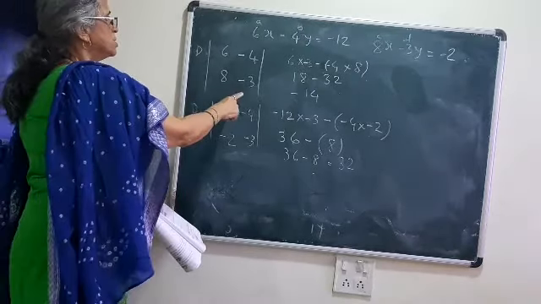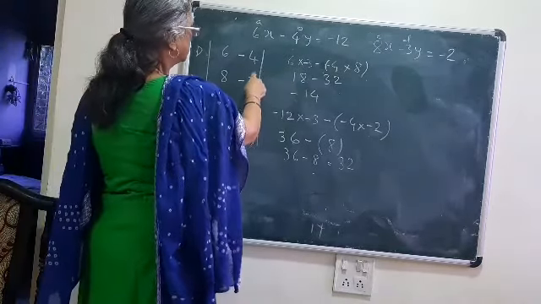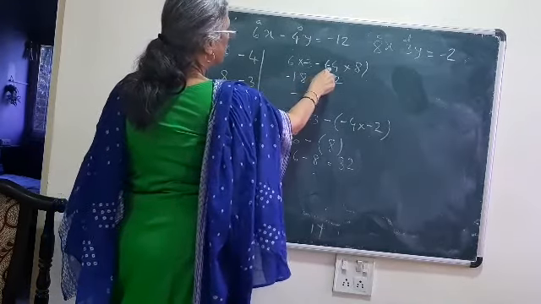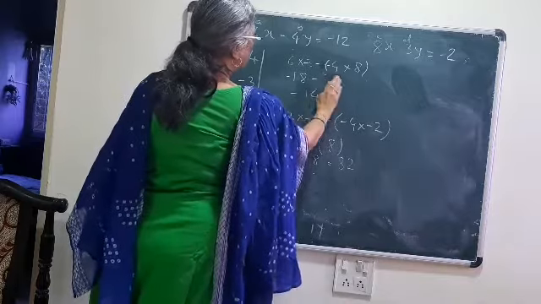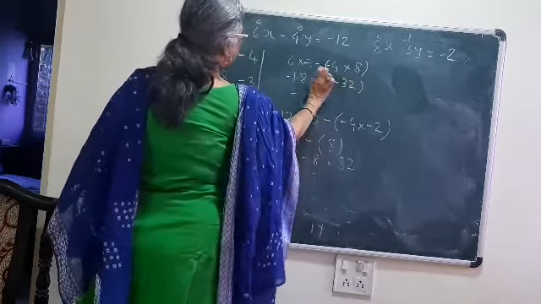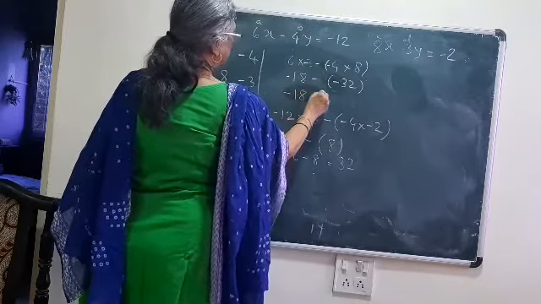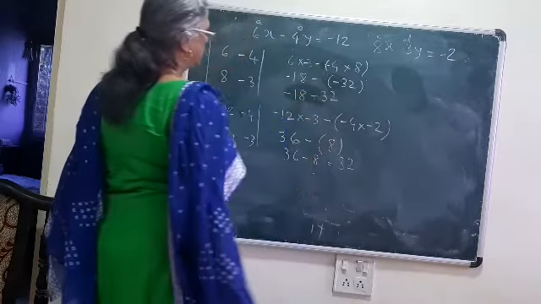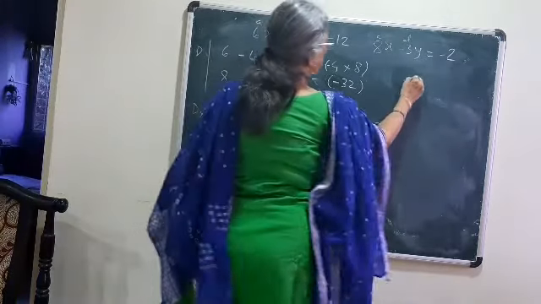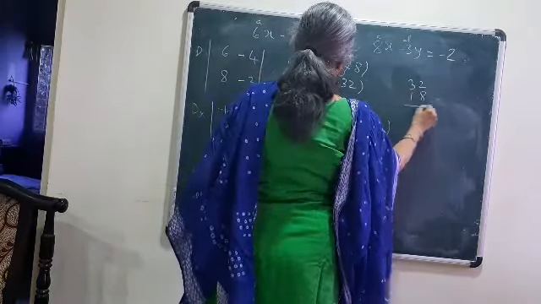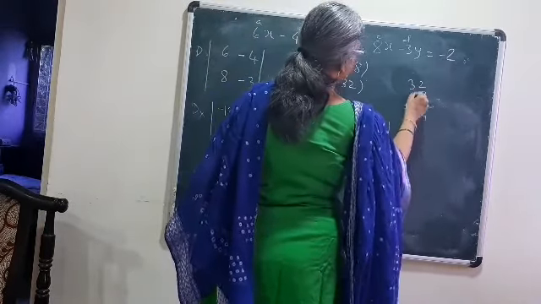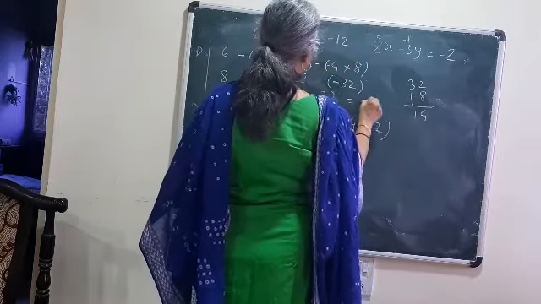So 8, minus 3, minus 4, here you should write one below the other. So here will be minus 18 and here it will be minus 32. So minus 18 plus 32. So the answer will be how much? 32 minus 18, that will be 14, plus 14.